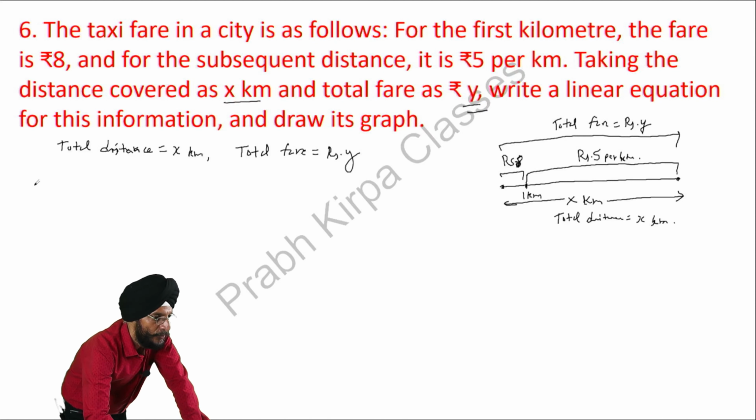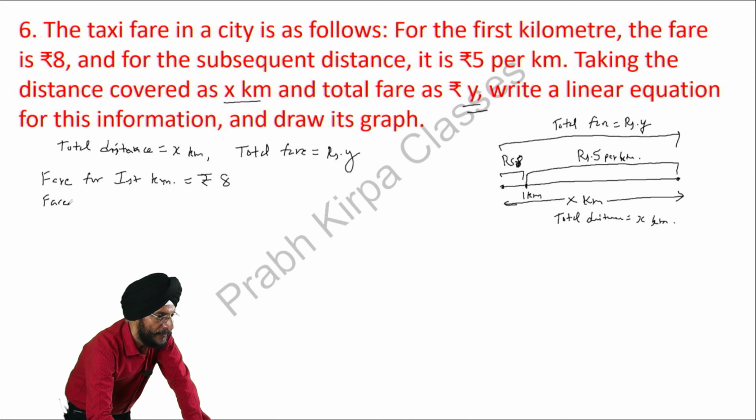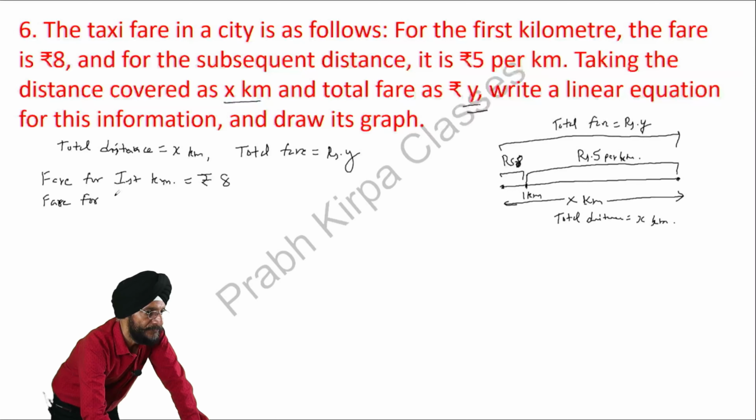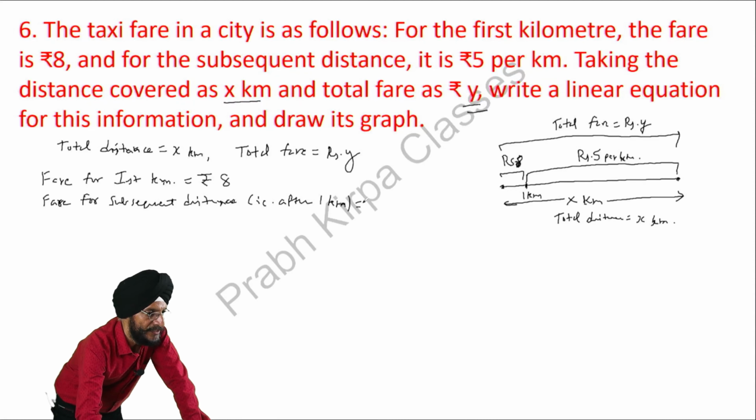Fare for first kilometer is rupees 8. Fare for subsequent distance, that is after 1 kilometer, the rate is rupee 5 per kilometer.